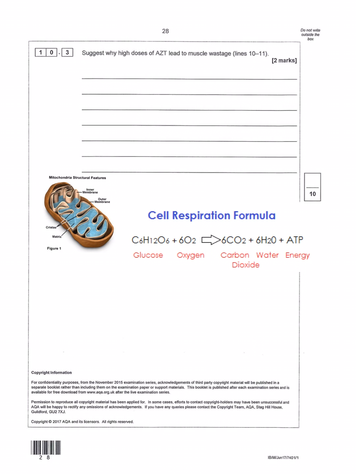If mitochondria are not replicated and produced in cells, there will be fewer mitochondria and therefore less aerobic respiration. Less aerobic respiration means less ATP and therefore the muscles will waste.